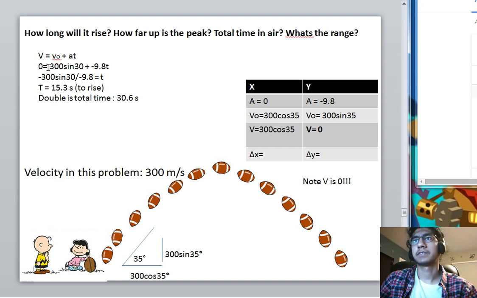With how long it will rise, we're asking how long it takes for the ball to go from here to the peak. Substitution gives us that T equals 15.3 seconds. And the reason I'm doubling this total time is to solve the second question, total time in the air. 15.3 seconds is just how much time the ball spends rising to the peak. Total time in the air from here to here is going to be double that, so 30.6 seconds.